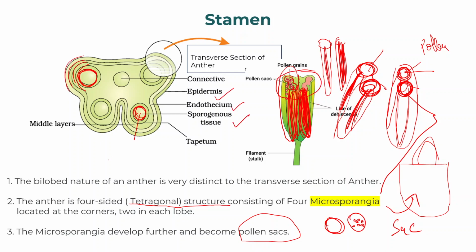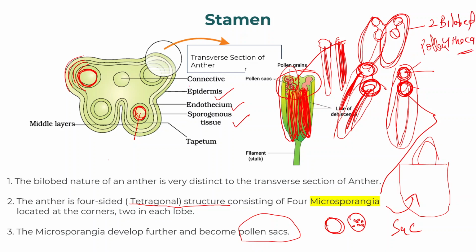This structure, if I could draw it here, one theca and also two thecae. One, two, three, four thecae. One lobe, second lobe. So bilobed but four thecae. We could see here that this sporogenous tissue has a tapetum. So what is tapetum here?